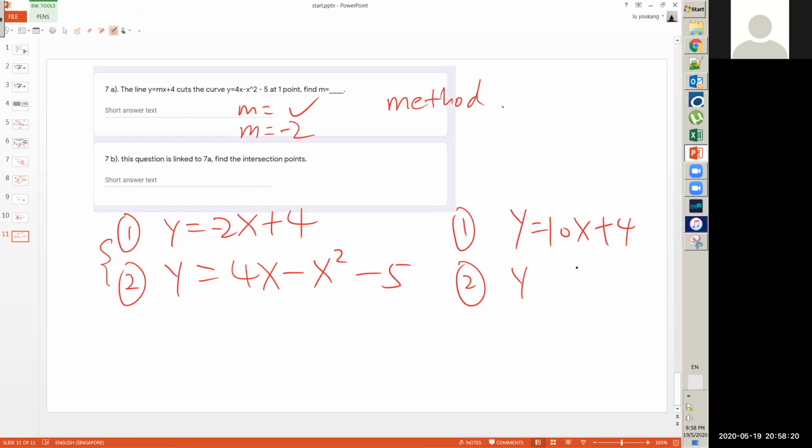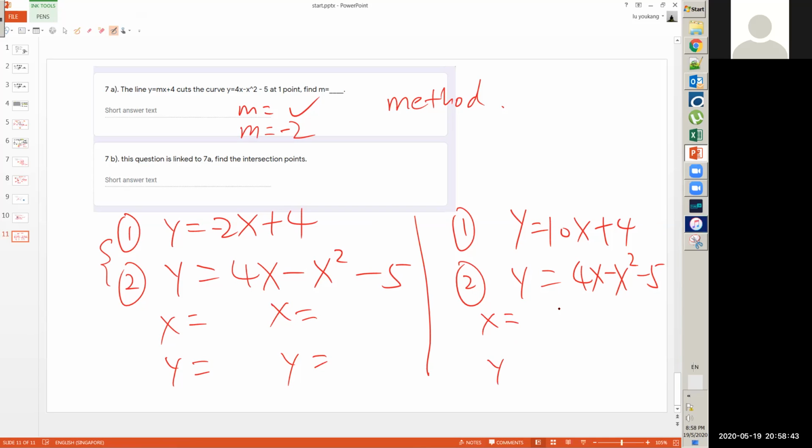Then you just solve these two pairs of equations, and you will get your x and y. Probably you have 2x, 2y, and here you also get 2x or 2y. I'm not too concerned about the answer actually, I'm more concerned about the method. So this is the method.